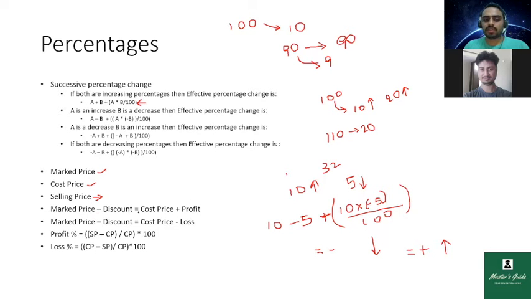So these both are equal. Similarly, mark price minus discount is also equal to cost price minus loss. And profit and loss should always be calculated on cost price only. So profit percentage is selling price minus cost price divided by cost price into 100, and similarly loss percentage also. So this is pretty much the concepts.